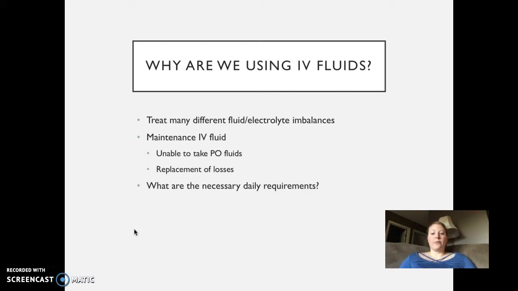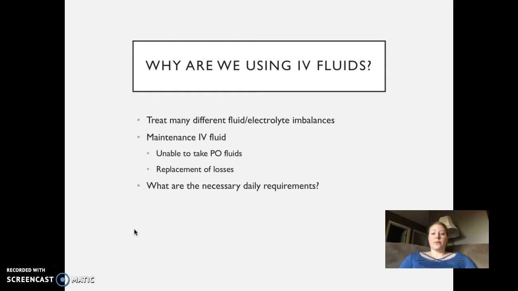We're able to give them fluids along with doing a few other interventions to hopefully correct that. We're also able to give fluids for maintenance, our everyday fluid requirements. Some patients are unable to take PO fluids. Either they're too sick to take the fluids or they're a surgical candidate and they're NPO. So this is a way we can give them the fluid just for meeting basic requirements.